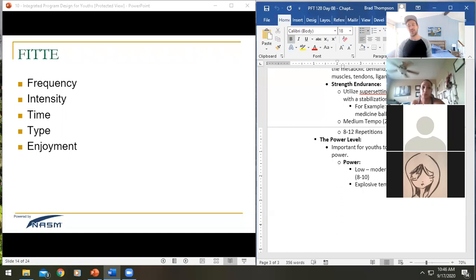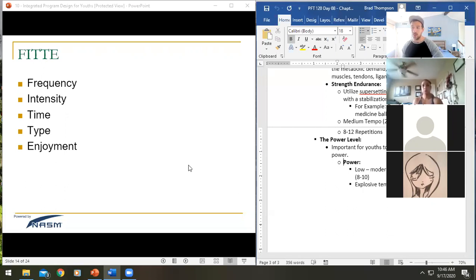The FIT principles are huge when it comes to writing your program. Everything I said today is what's most important when writing your program, from the aspect of physiologic adaptation. But there is an argument to be made that the FIT principles here are actually the most important thing to regard when writing a program, because that's what makes your workout fun. That's what makes somebody actually do it.